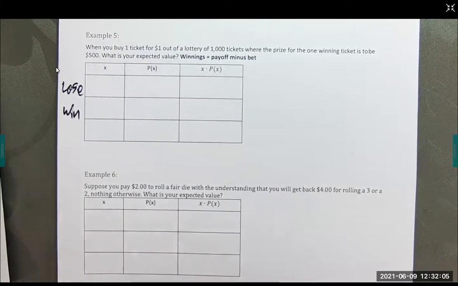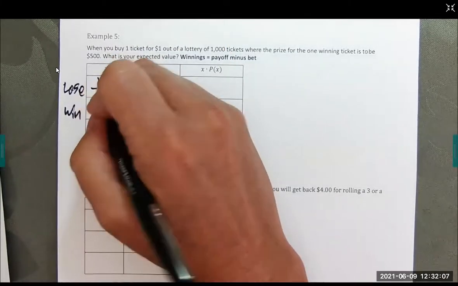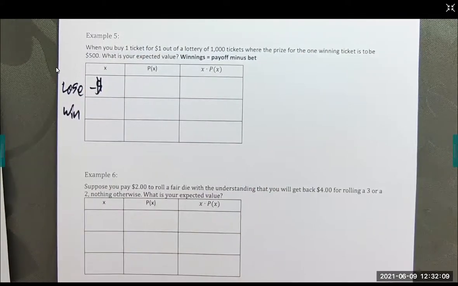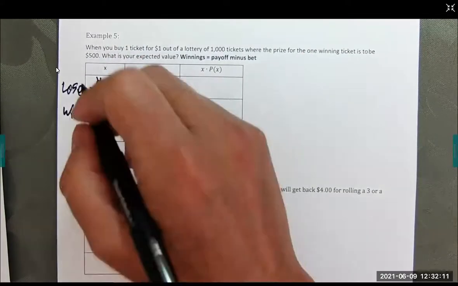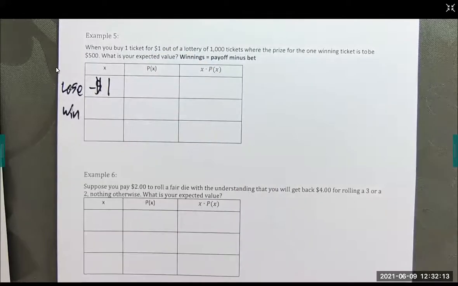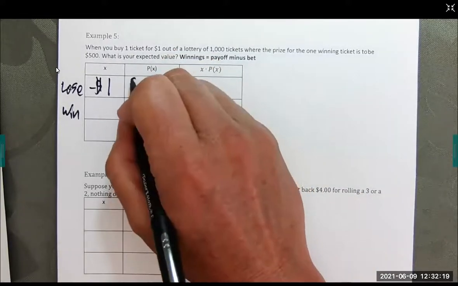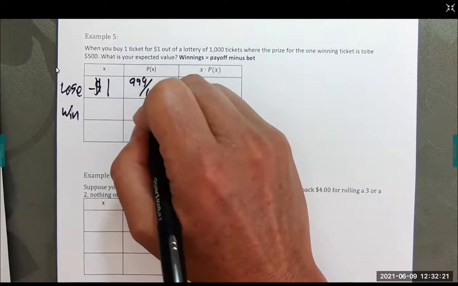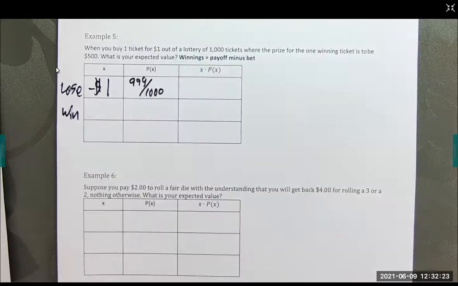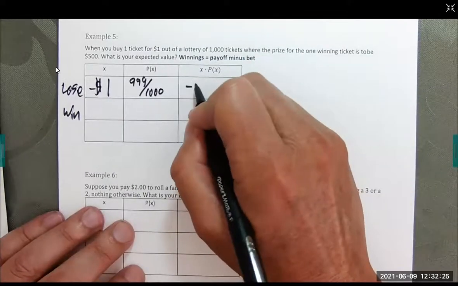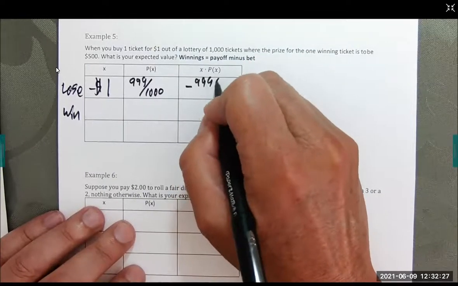If I lose, I'm out $1. Now, what's the probability of me losing? It's quite large. 999 out of 1,000, right? So when you multiply those, you get negative 999 over 1,000.